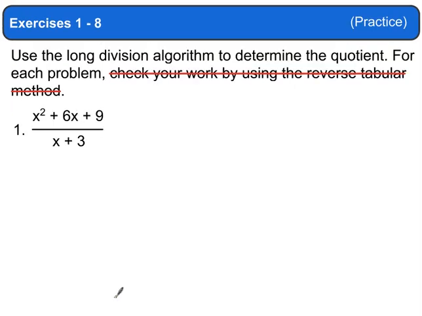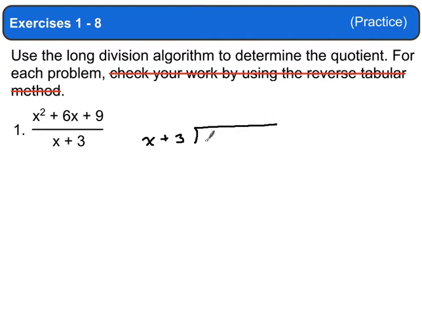And again, pause the video, try some. If you've already tried it, obviously you want to keep watching and see if you got the correct answer. So if we're going to write this out, we're going to write the divisor in the front, x plus 3. And then we're going to put the dividing bar.